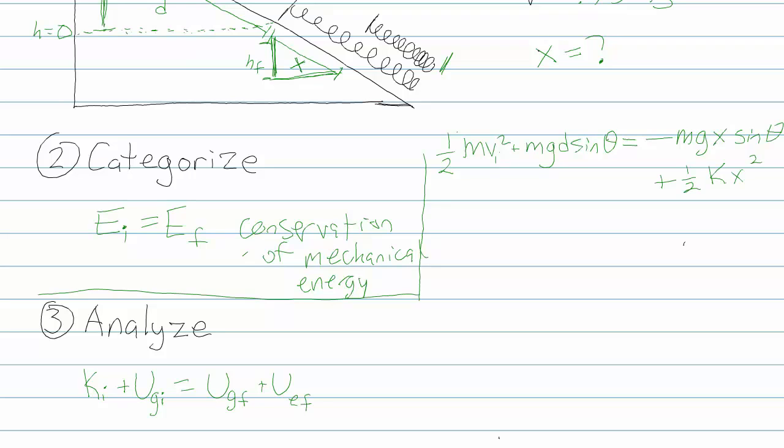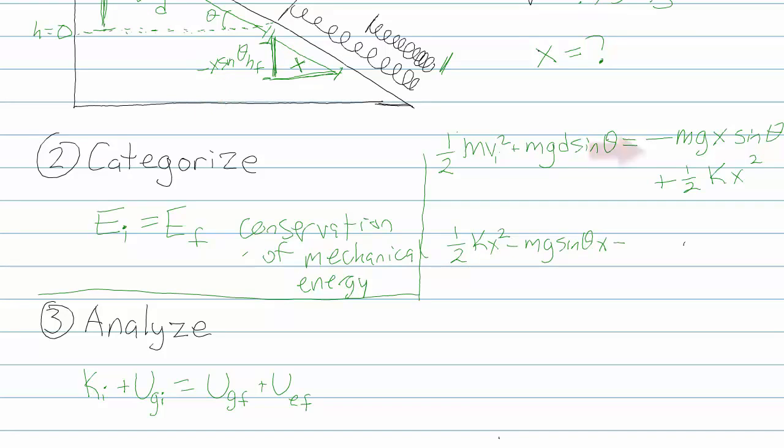So if we break that down further, you see we have 1/2 m v initial squared plus m g d sine theta. That is what we get for the initial height when we use trig: our initial height is just d sine theta. Of course, our final height is negative, because we're below 0, negative x sine theta.